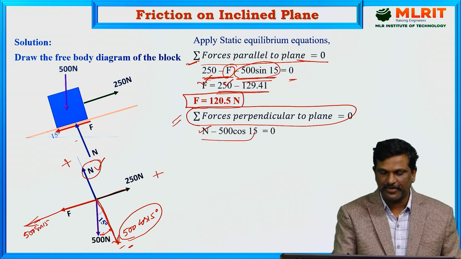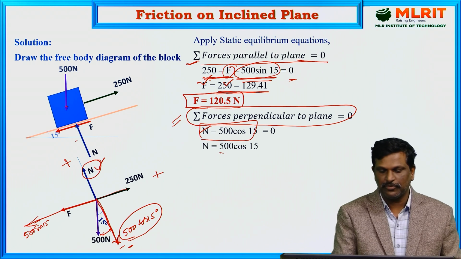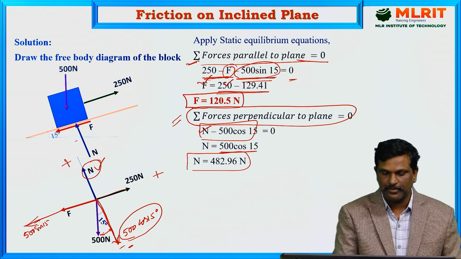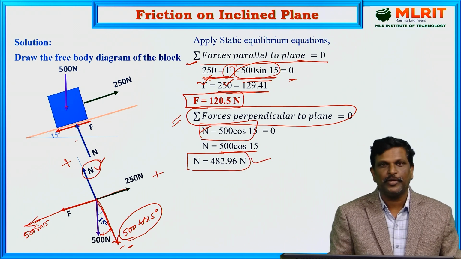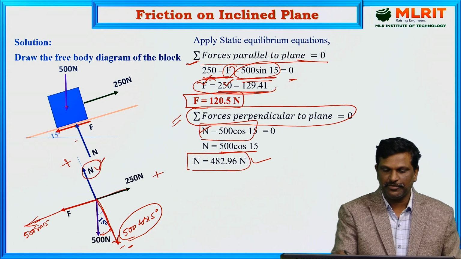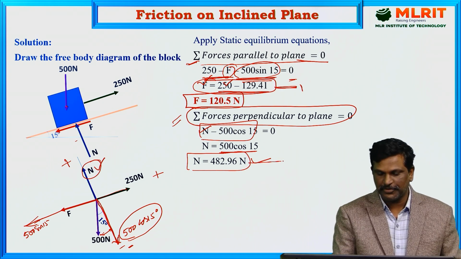N minus 500 cos 15 is equal to 0. N is equal to 500 cos 15, and the value of N is given by 482.96 newtons.